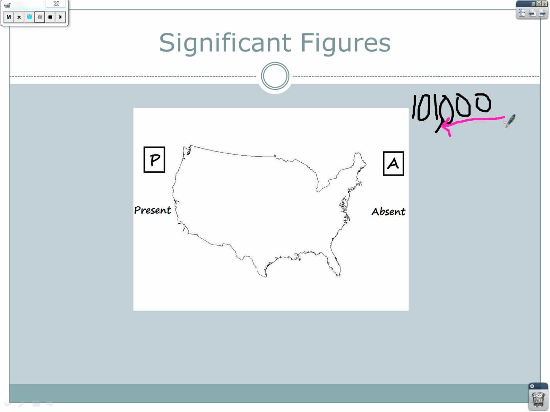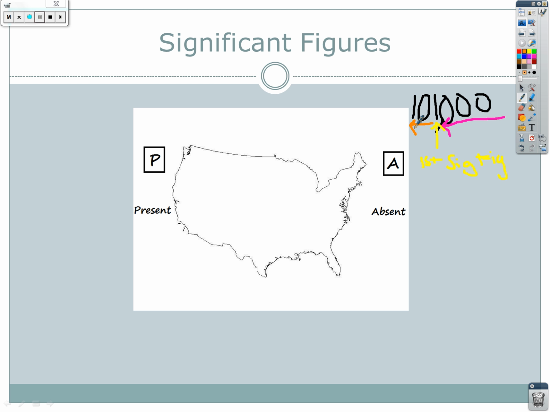So we started over here at the right, and we drew a line and drew an arrow until we got to a non-zero, which was that 1. That 1 is our first significant digit. So this 1 right here is our first sig fig. Then anything to the left of that first sig fig is considered significant.